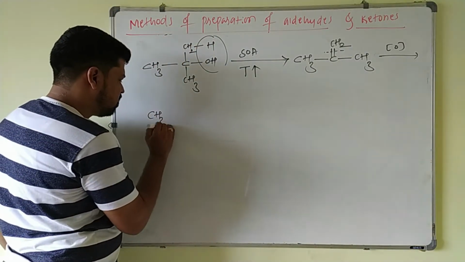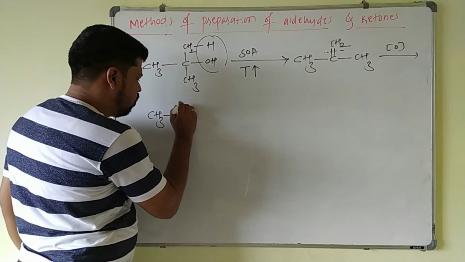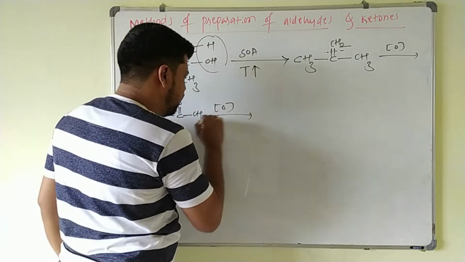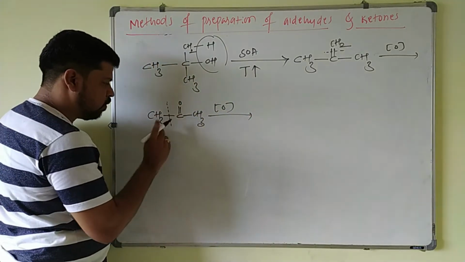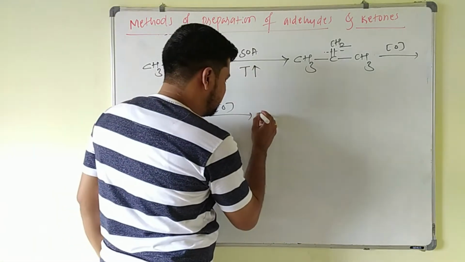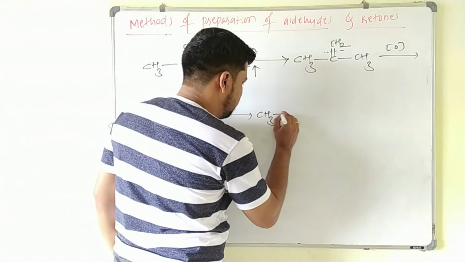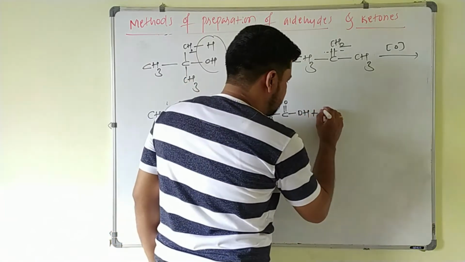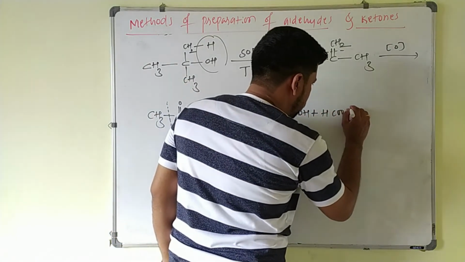So what happens here? CH3, C double bond O, CH3. So this ketone, on further oxidation, gives 1 carbon acid and 2 carbon acid. This is nothing but CH3, C double bond O, OH plus HCOOH here.